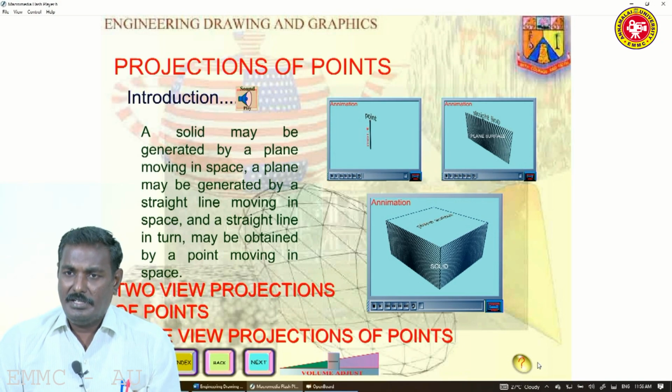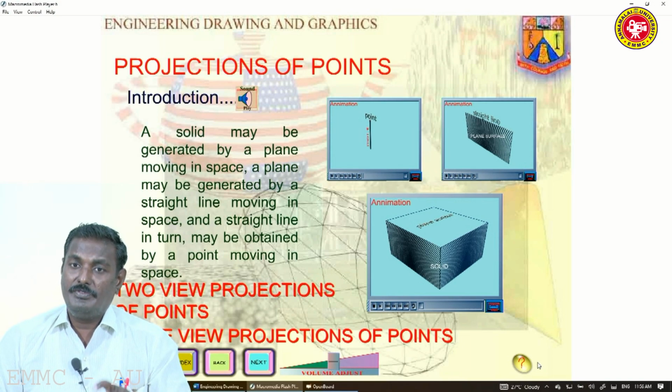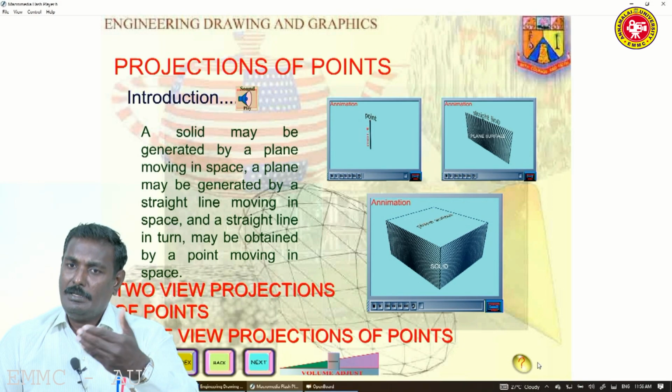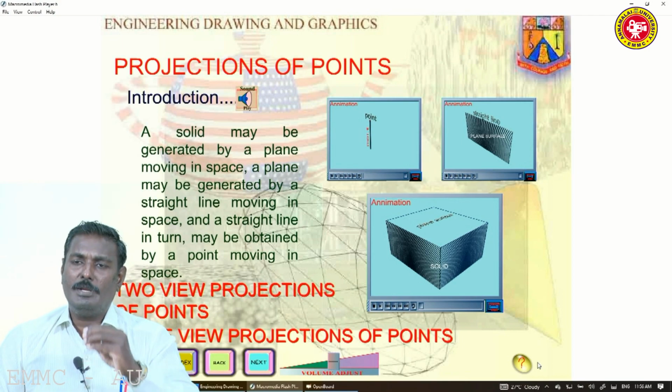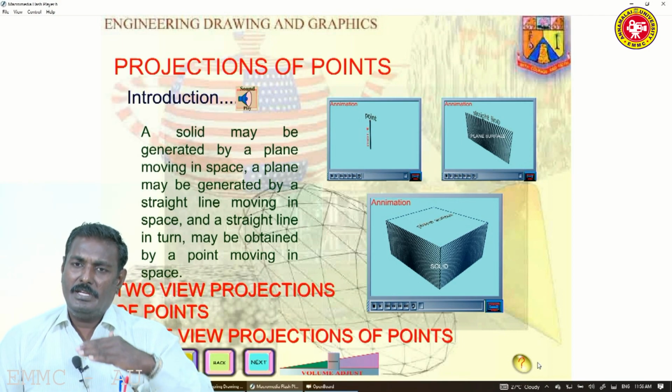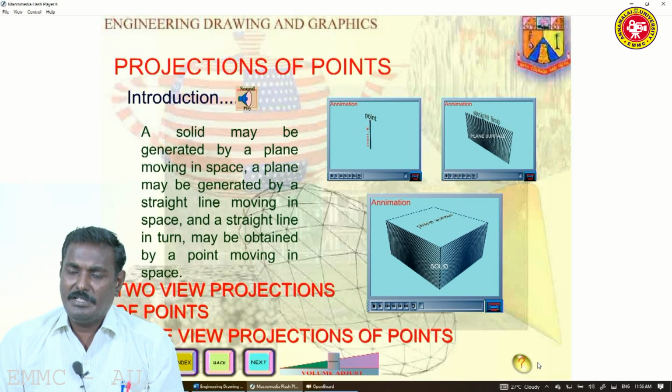I already stated in the theory of projections that whenever we mention projection, it is a minimum of 2 views, that is elevation and plan. We have to represent them on a paper or a plane surface, dividing the sectors by a reference line, the XY line, with the regions above the XY line and below the XY line.